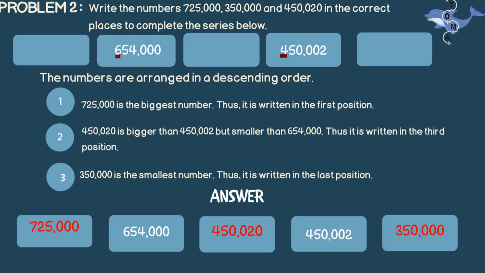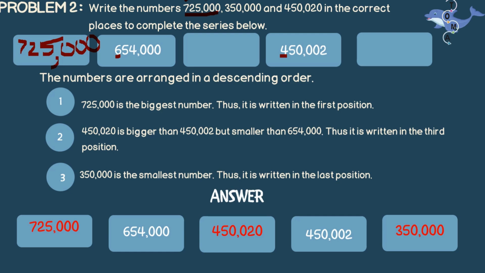So right now we are going to check which number is bigger. Yes, which number is bigger? This one, 725,000. We are going to write it, because this is also a 6-digit number, 6 and 7. Which is greater? Yes, 7. So we are going to write down this number first, 725,000 over here. Then we compare the remaining numbers.